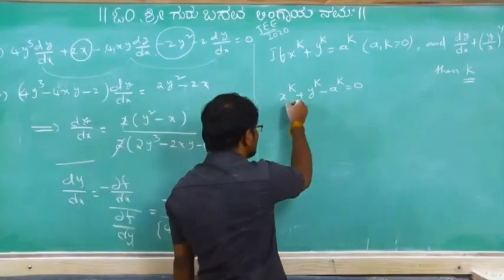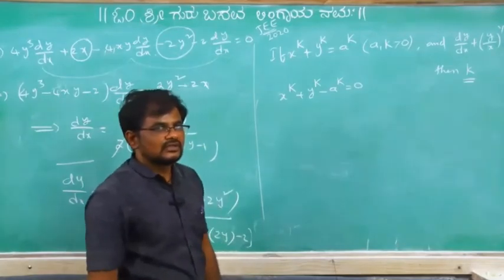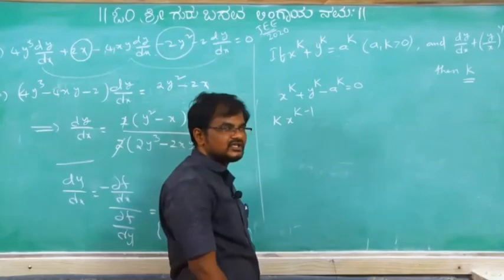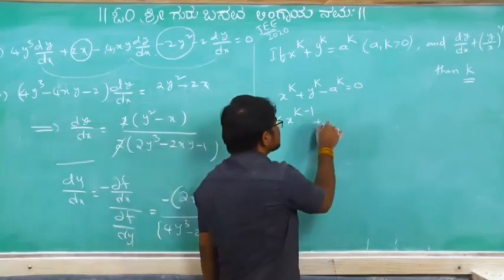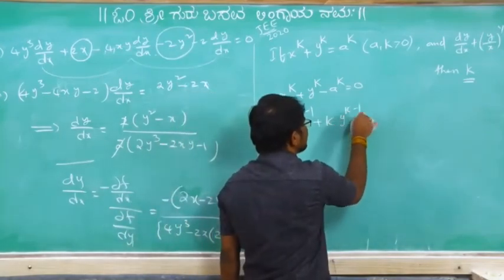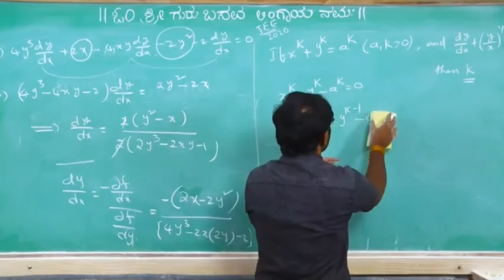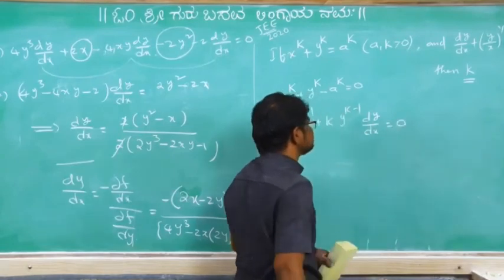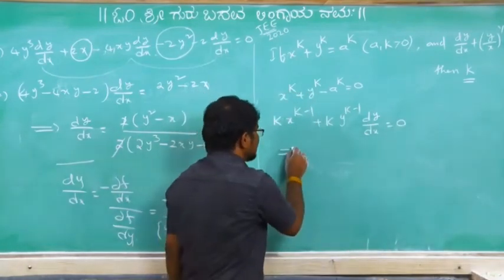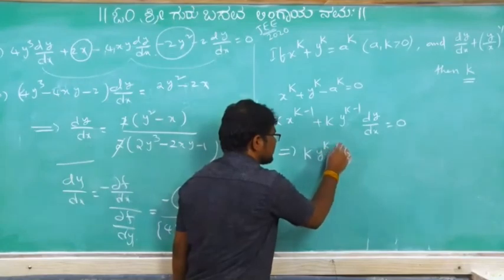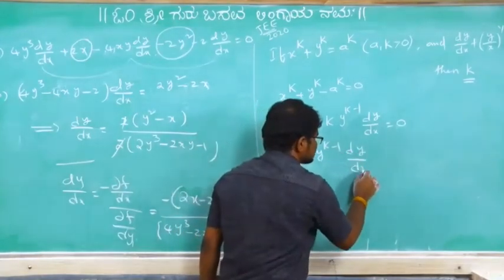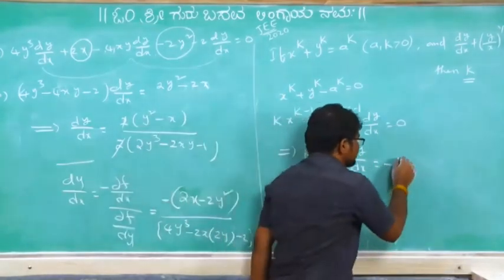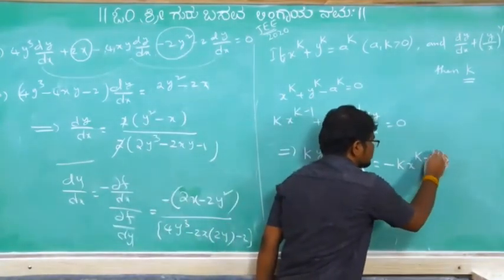Suppose if you do general differentiation, k into x to the power of k minus 1, differentiating with respect to x, plus k into y to the power of k minus 1 into dy by dx equal to 0. That implies k into y to the power of k minus 1 dy by dx equal to, bring this side, minus k into x to the power of k minus 1.